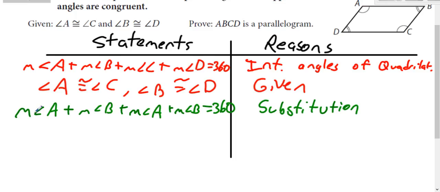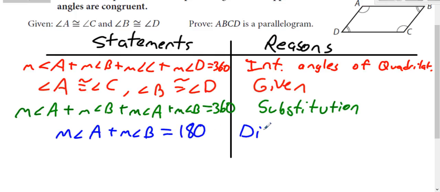So if we do a little bit of algebra, you have 2 times the measure of angle A and 2 times the measure of angle B, which means we could divide everything by 2. We just want to split this in half since it's all the same thing. We could just say the measure of angle A plus the measure of angle B equals 180. And that's just with a little division, dividing everything by 2.